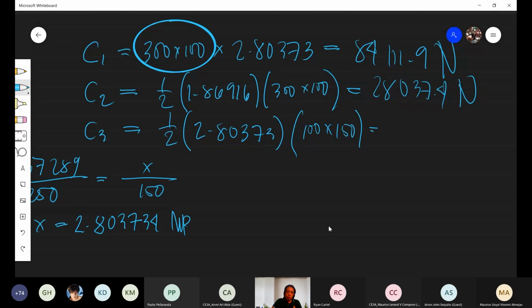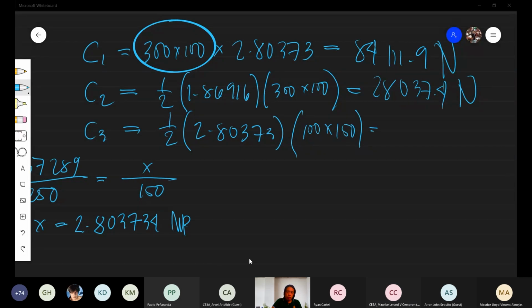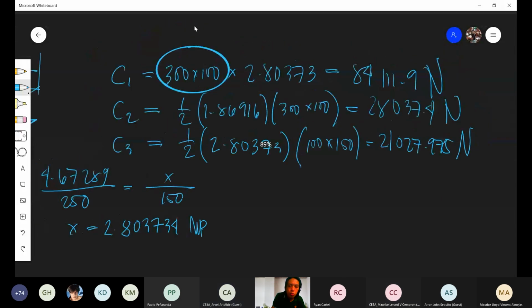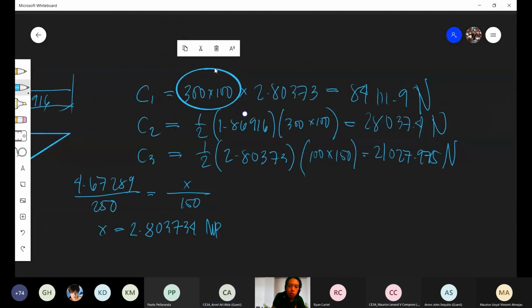The result is 27,975 Newton. Now we have C1, C2, and C3.